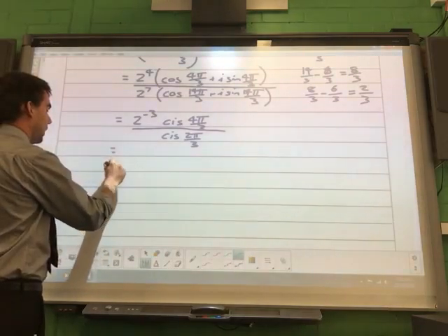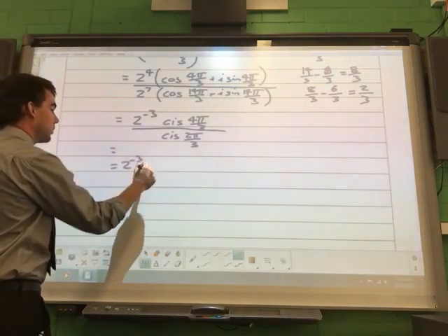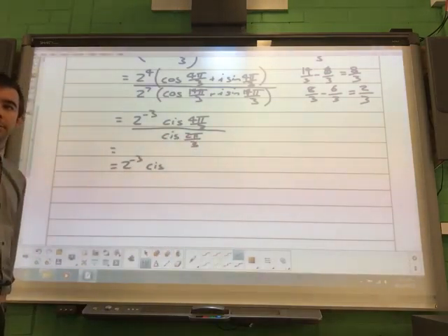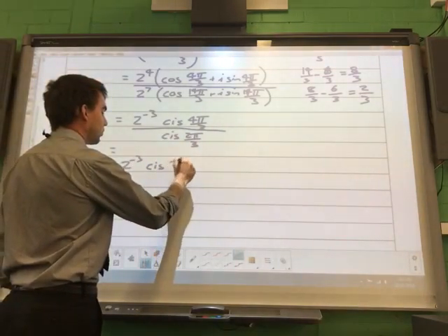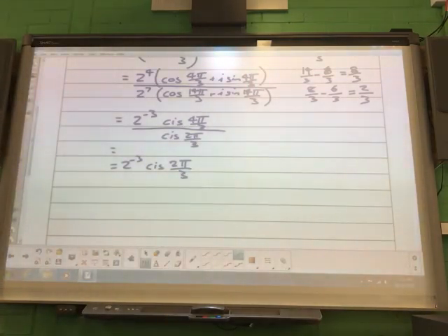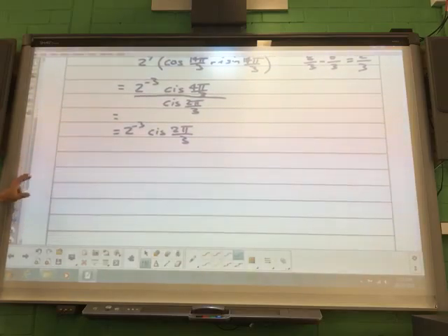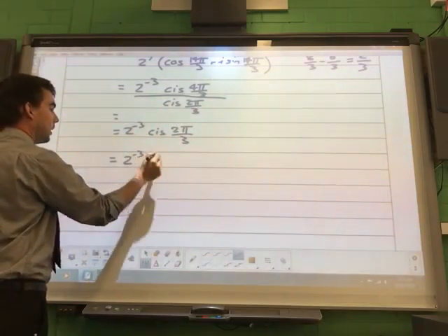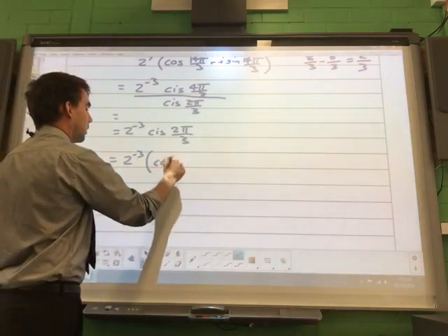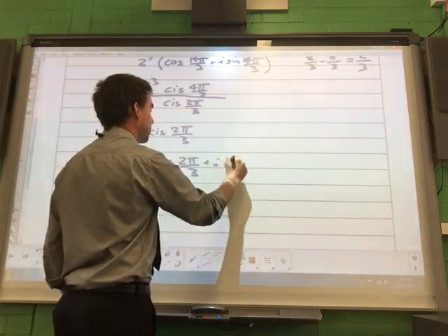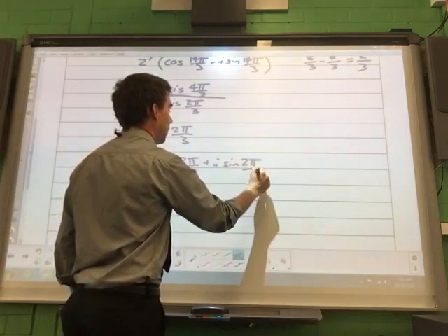So this is going to be equal to 2 to the power of negative 3, cis of 4 pi on 3 take away 2 pi on 3. Now that we've got it in a working domain, 2 to the power of negative 3 cos of 2 pi on 3 plus i sine of 2 pi on 3.